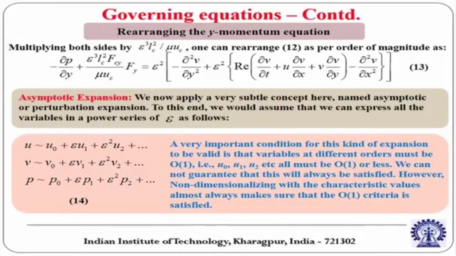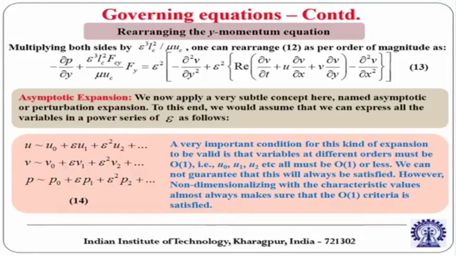This asymptotic expansion we can do provided that all variables of different orders are of the order of 1, which is ensured by non-dimensionalization. We cannot guarantee this always to be satisfied, because we are unsure about certain scales. We have selected u as the dimensional u by uc, but we do not know what is uc.